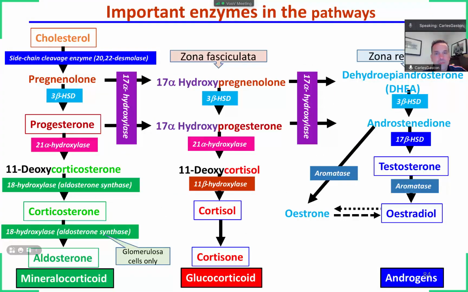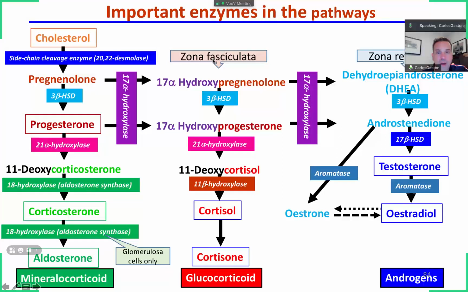Now, remember this, it is a little bit complicated, okay? However, the ones that we have talked about today is here the 11 beta hydroxylase that converts into cortisol, right? And also the one that converts into cortisone, right?